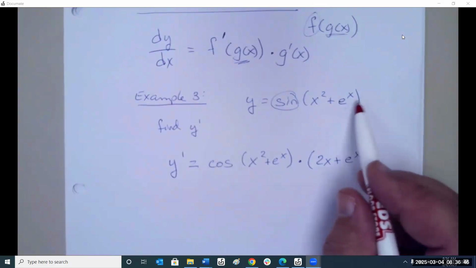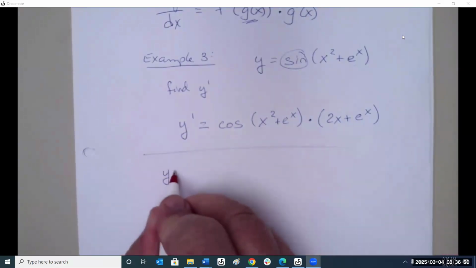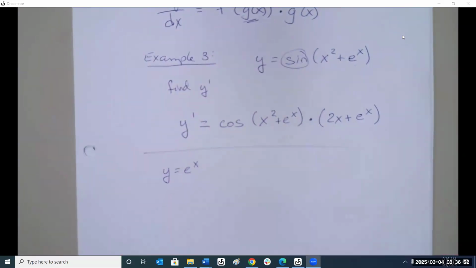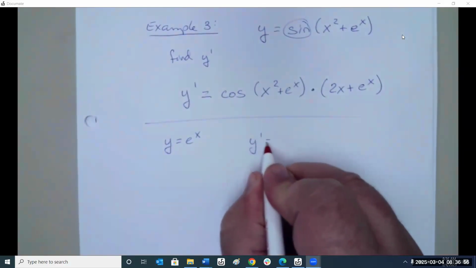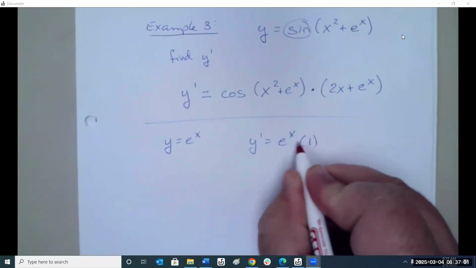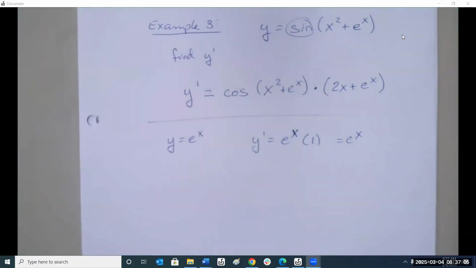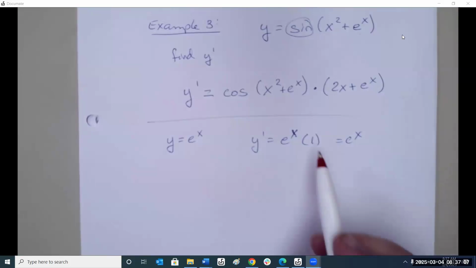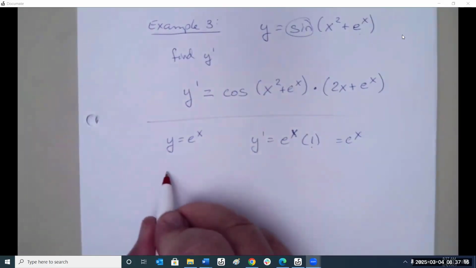There's another example of the chain rule. The derivative of e to the x is e to the x times 1, which is e to the x. Why is it times 1? Let me give you another one.